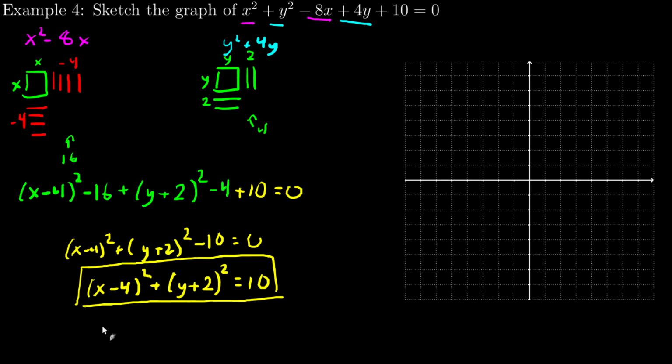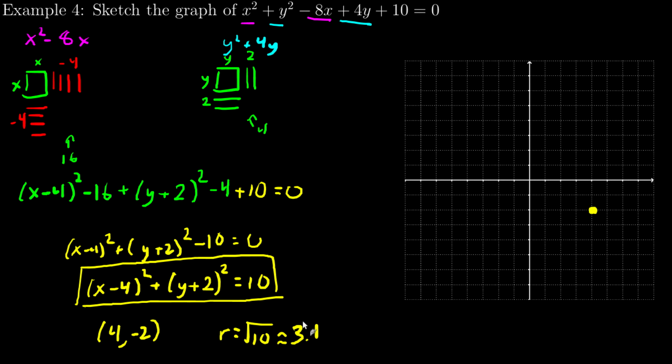And from this, I can see the center will be at 4, negative 2. But the radius will be the square root of 10. And if I grab a calculator, I can see that is approximately 3.1. So this is just one way that it can be not quite as clean. So I plot my center at 4, negative 2.